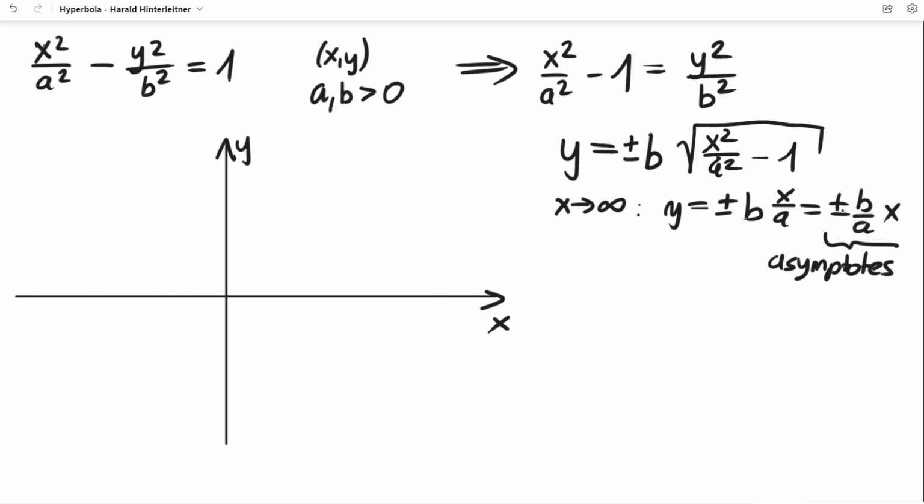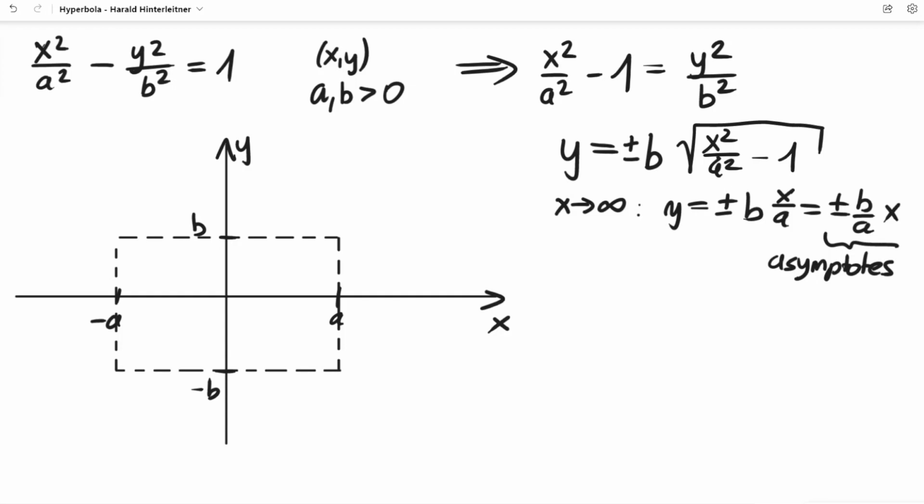So we start sketching these two asymptotes, the lines, and for this we use a rectangle. So here is minus b and b. Using this rectangle, we can draw these two asymptotes now.